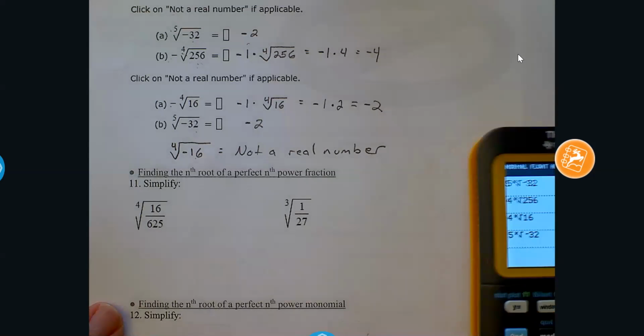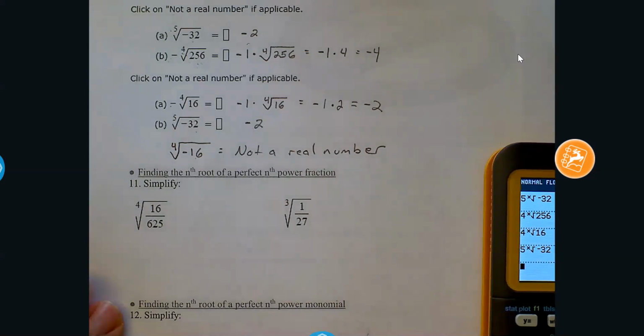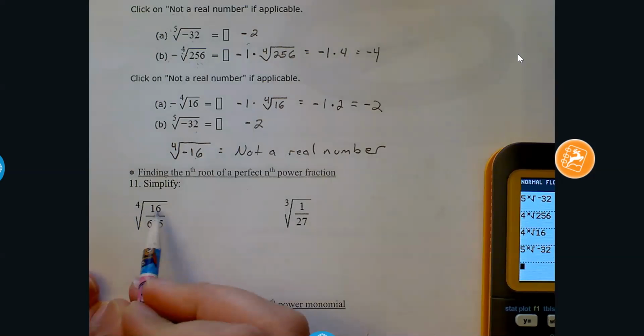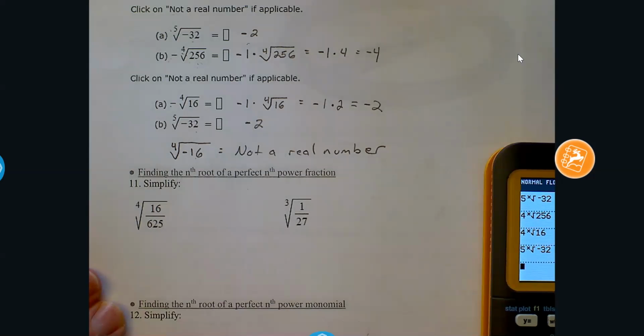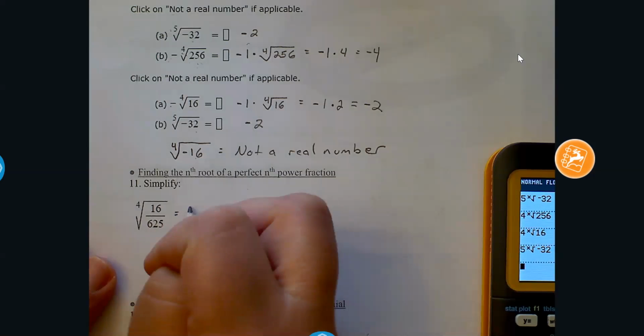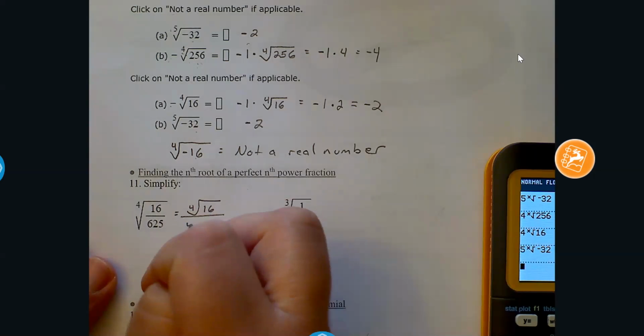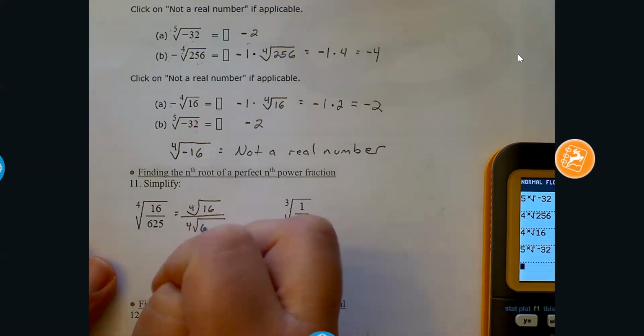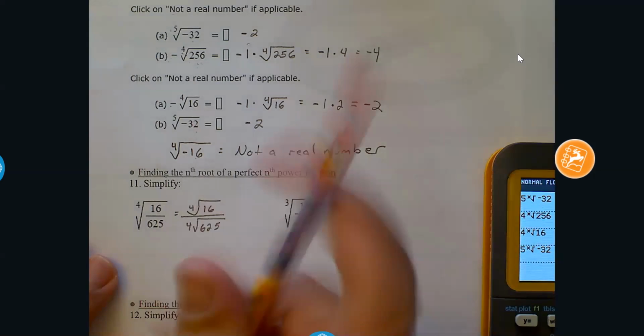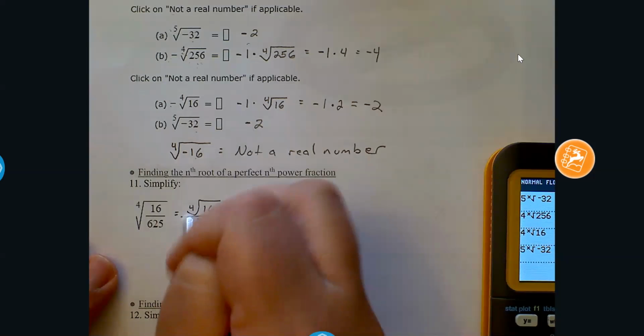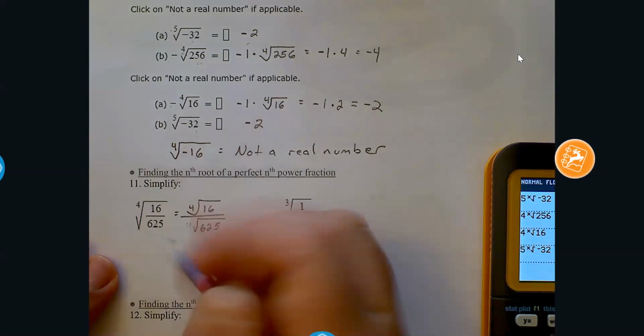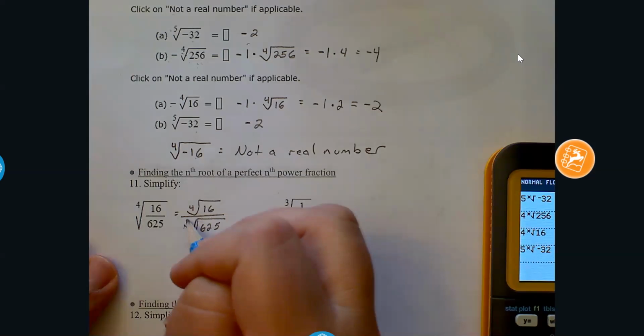Same thing here. This kind of combines with the first topic we talked about in this video. We have the fourth root of 16 over 625. This would become the fourth root of 16 over the fourth root of 625. That 4 should be not next to it, but kind of inside this little loop.